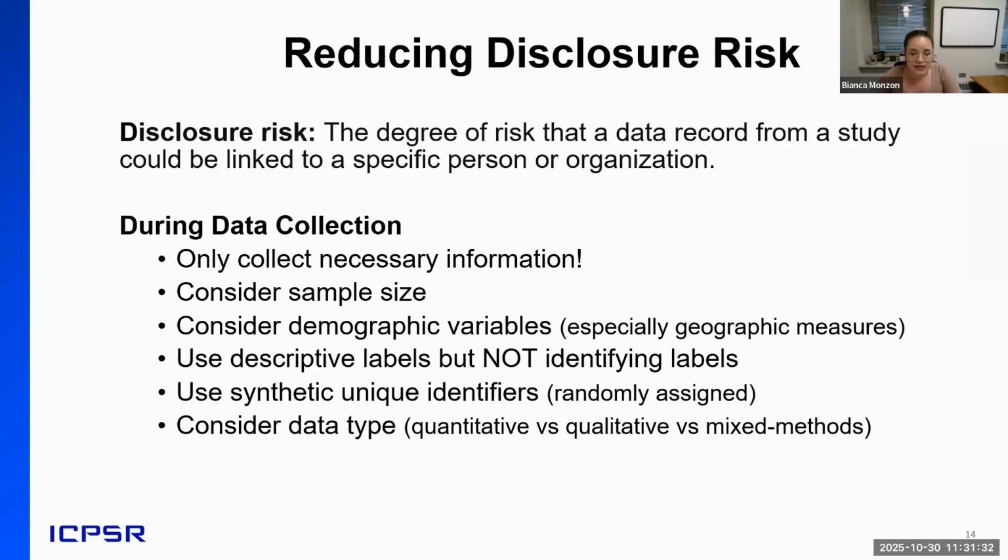During the data collection stage, you can help reduce the risk of disclosure by only collecting information that is necessary, avoiding small sample sizes when possible, considering what demographic variables and level of geographic measures are being collected, using descriptive labels for your variable names and values, but not identifying labels. Use randomized synthetic unique identifiers. And lastly, consider the data you're collecting, as qualitative and mixed methods data present unique challenges.